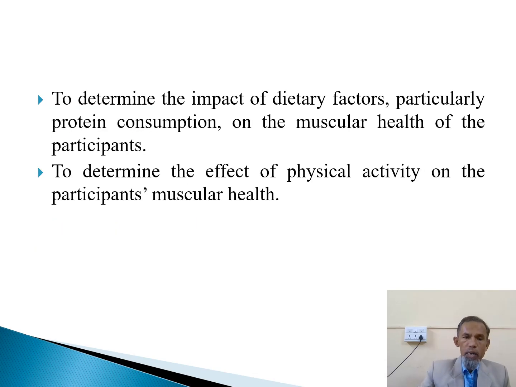And the second objective, as it commonly comes from my study and literature, is to determine the impact of dietary factors, particularly protein consumption, on the muscular health of the participants. And the third objective, on the particular aim which has been derived, is to determine the effect of physical activities on the participants' muscular health. It is just an example I have put over here.